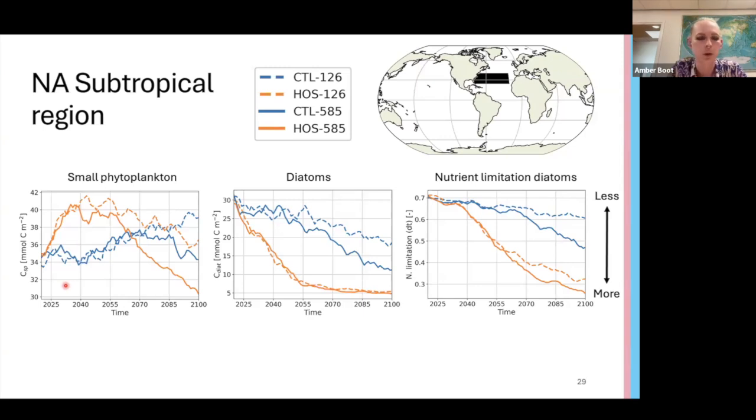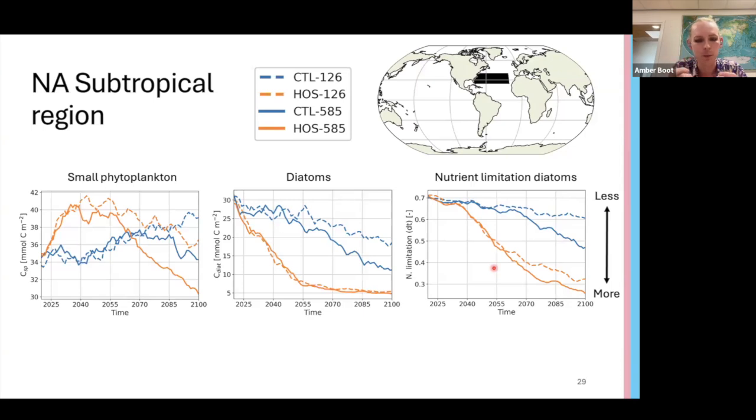So what we see, for example, here for small phytoplankton, is this first initial increase, and that is mainly because we see this decrease in diatoms. As the diatoms disappear, small phytoplankton basically get more room to grow, and initially they can profit from that. And these diatoms decrease because we have a reduction in nutrients in this region.